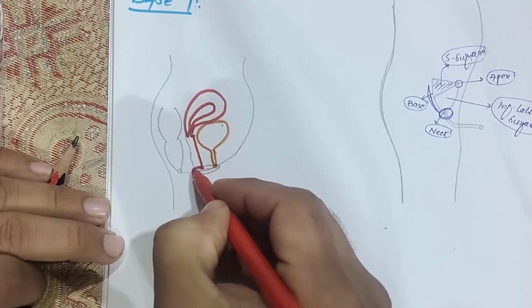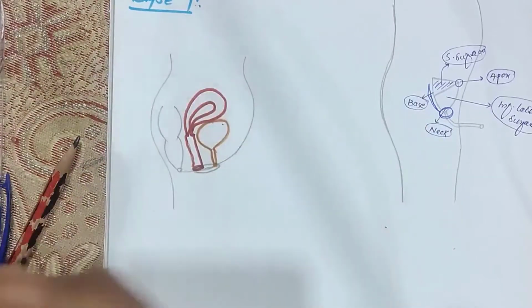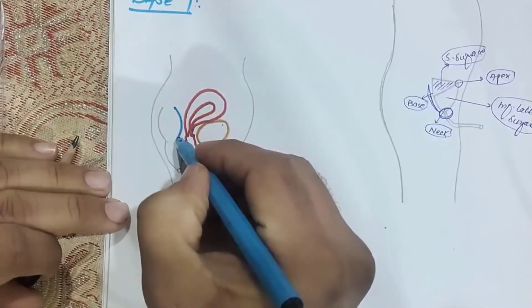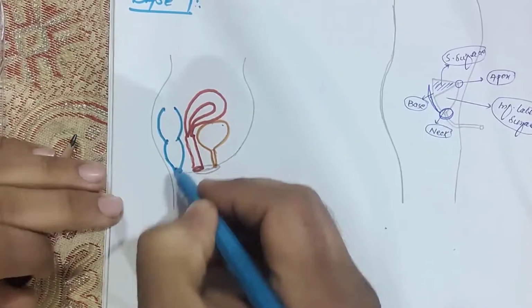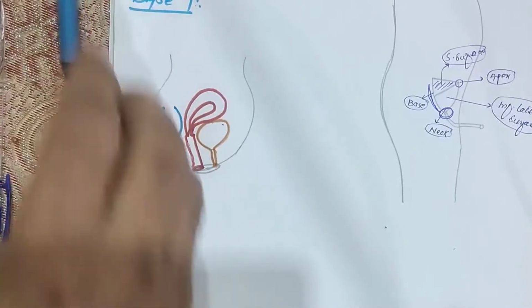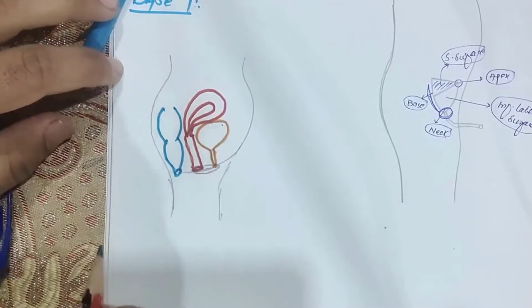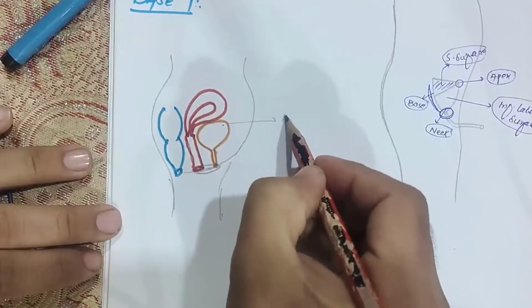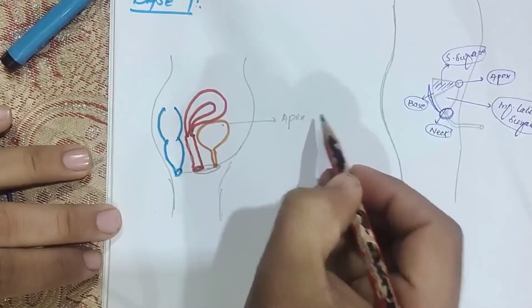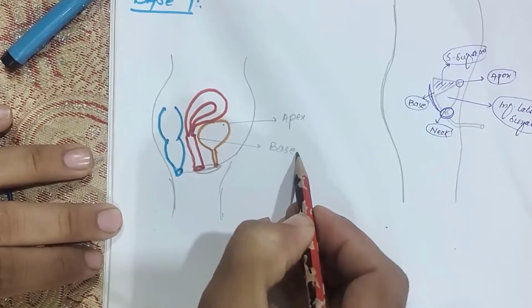And here is the vagina of the female. Okay, then what is this? This is the rectum, and that is the anus, right? So it's like this. Now look carefully. Here is the apex of the bladder. This is the apex, and this is the base of the bladder in the female.